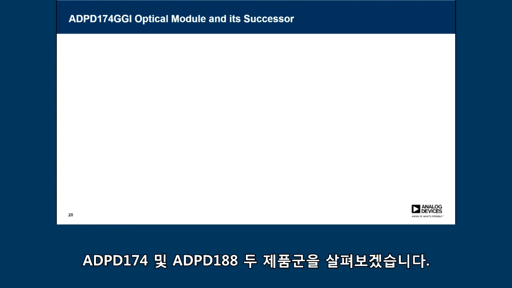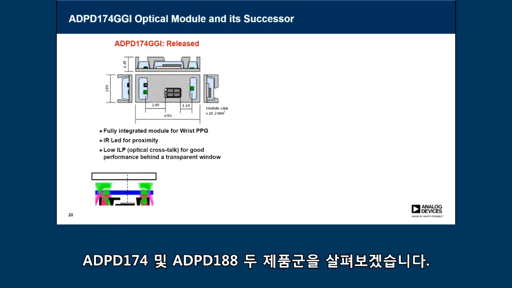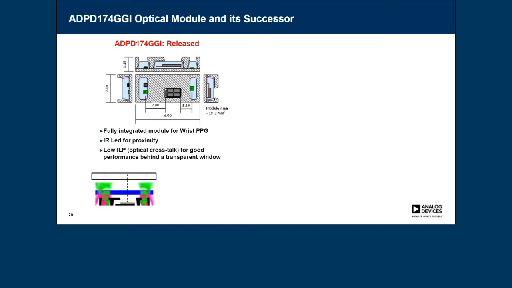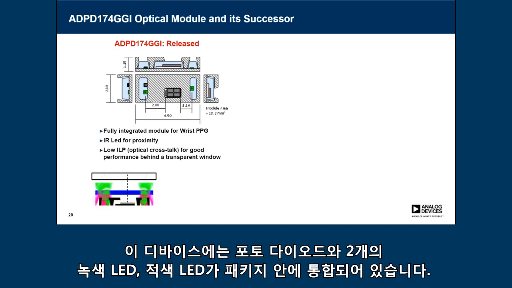There are 2 families which I would have a close look into, and those are the ADPD174 and the ADPD188. The 174 was the predecessor of the latest one we introduced, and that device has the photodiodes, 2 green LEDs and a red LED integrated in the package.